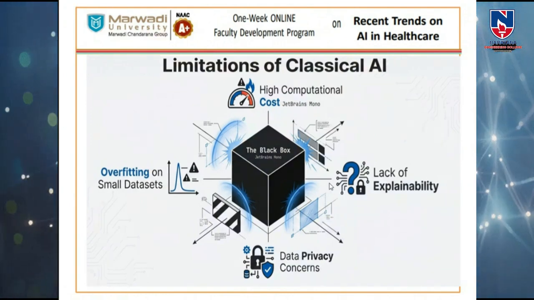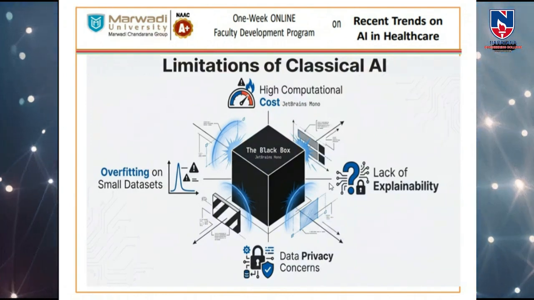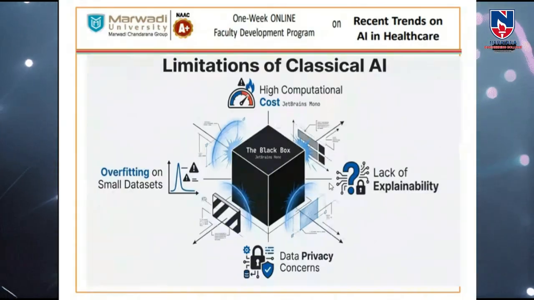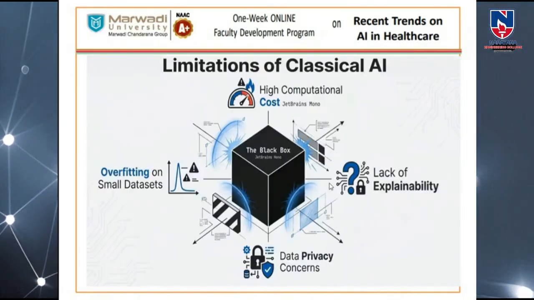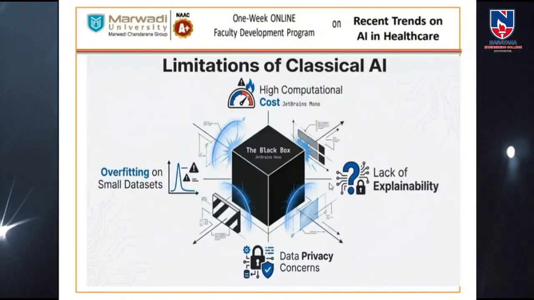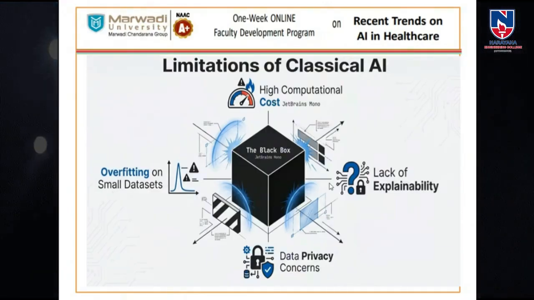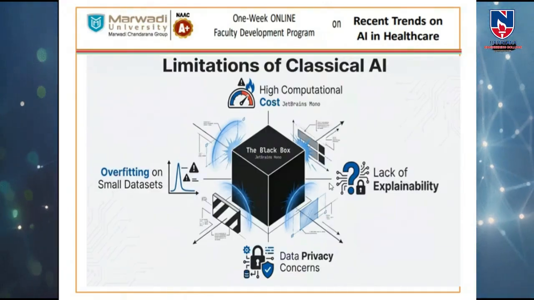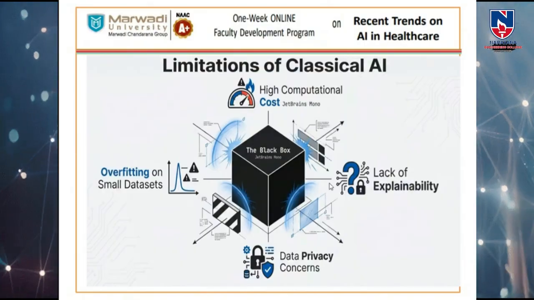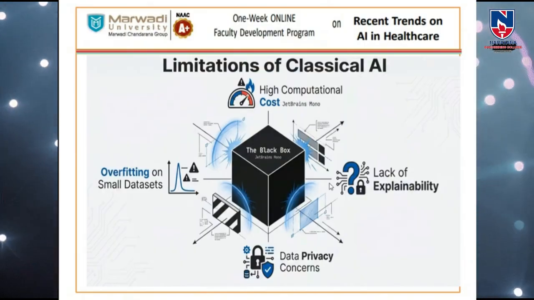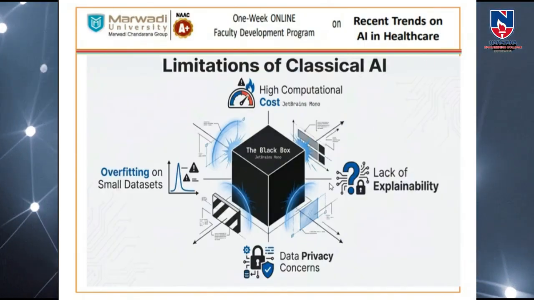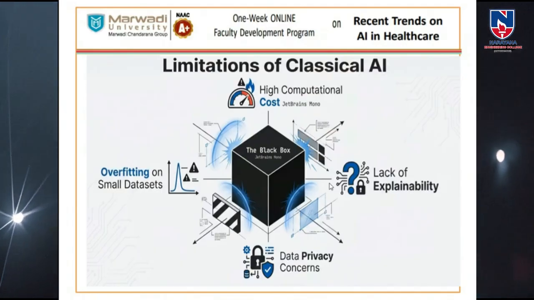And from an ethical point of view, one of the big challenges in the medical area is data privacy concerns. Then making a data set a reliable data set is also one of the challenging tasks from a research point of view.